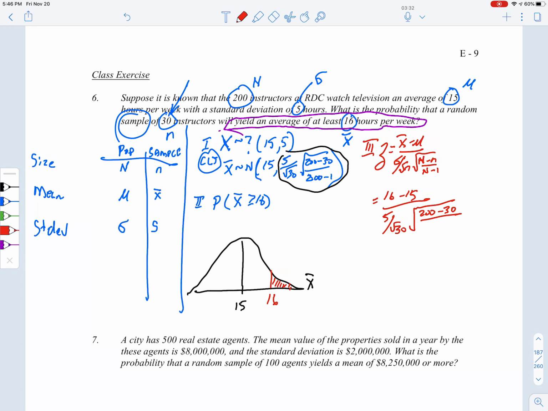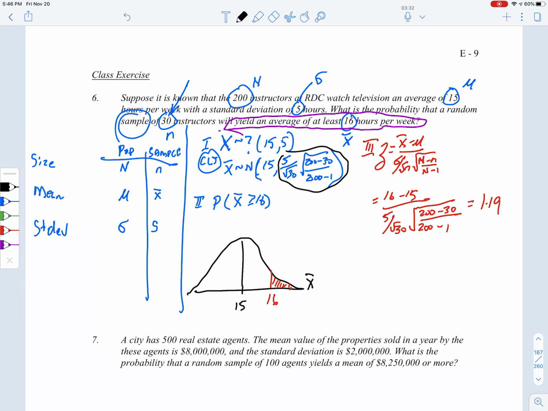So you'll notice that the 30 is at least 5% of 200, right? 30 divided by 200 is 15%, over 200 minus 1. And you get out your calculator, and when the smoke clears on that one, you're going to get 1.19.